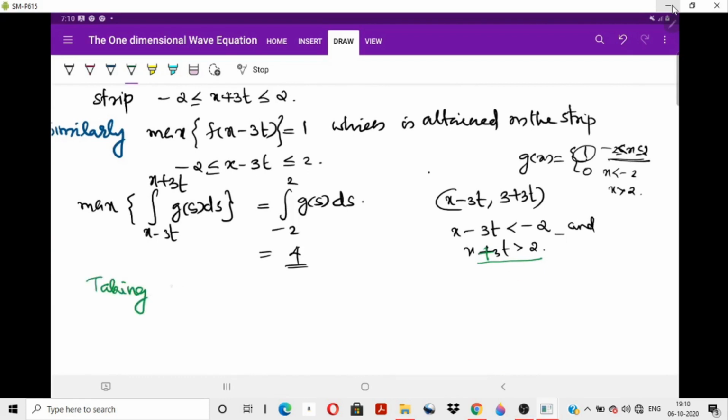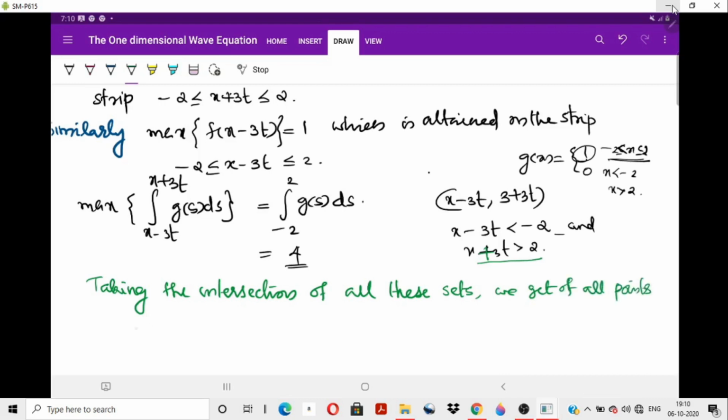Taking the intersection of all these strips and all these sets, we get the set of all points that satisfy the equations.